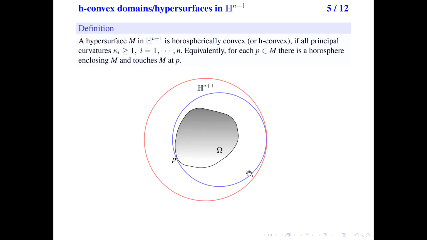Here the blue circle denotes the horosphere enclosing the domain omega. Note that the horospheres have principal curvatures equal to 1. So the domain has boundary whose principal curvatures are greater than 1.